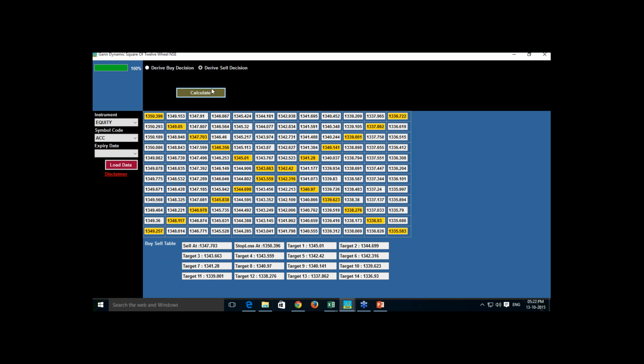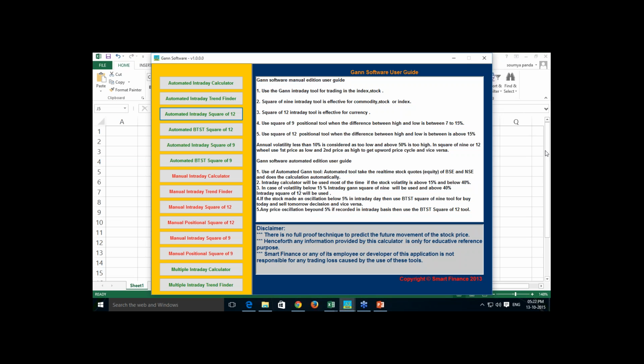So this square of 9 and square of 12 principle, when to use these two principles? Square of 12 is highly effective if you are having a volatility beyond 15%, and square of 9 is highly effective when the volatility is lesser.